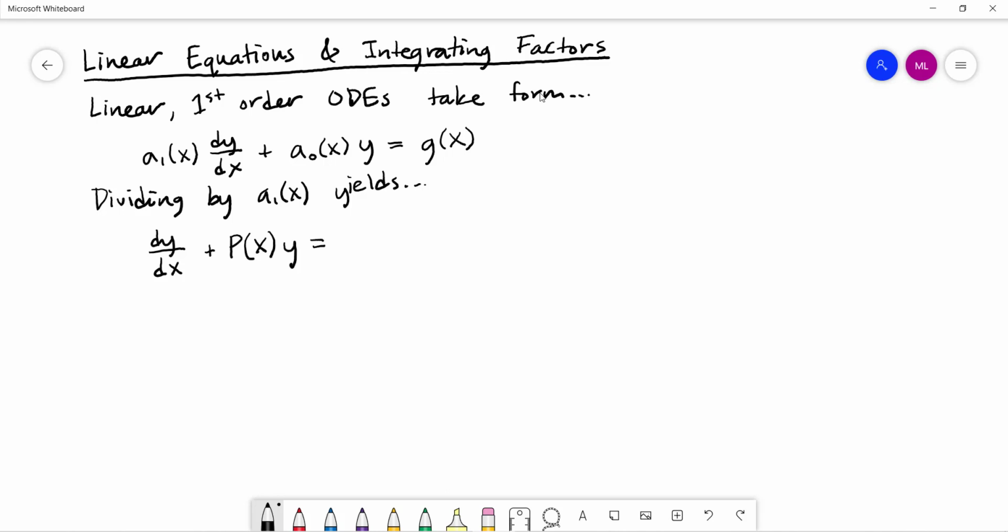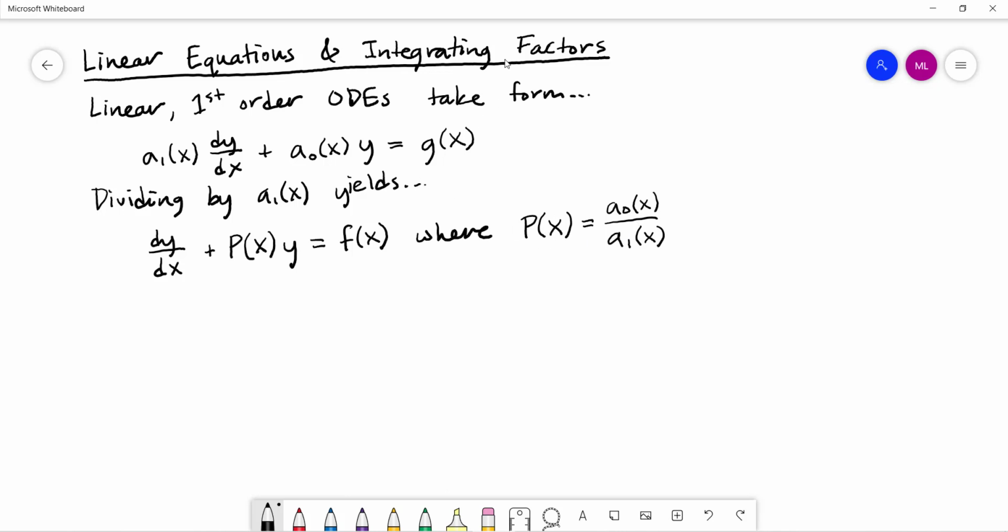And let's call this thing, instead of g, f(x). So what I've done is basically combine a0(x) divided by a1(x). That's the thing I'm calling p(x). It was some ratio of two functions, and now I'm just calling it its own new function.